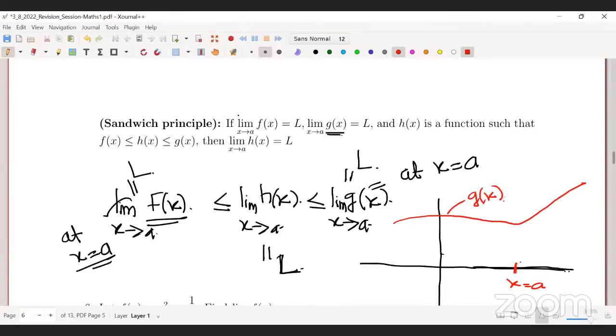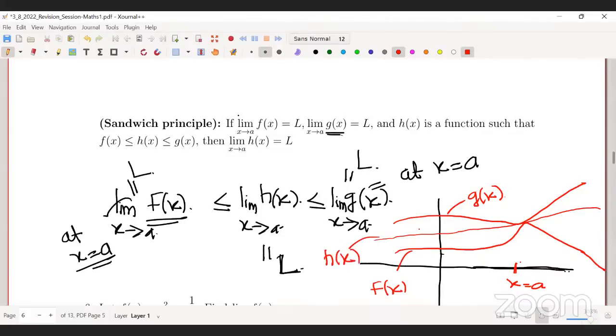Sorry, this is my f of x, and this is my h of x. Now if I have a graph like this, you can see that the graph of h of x is in between.